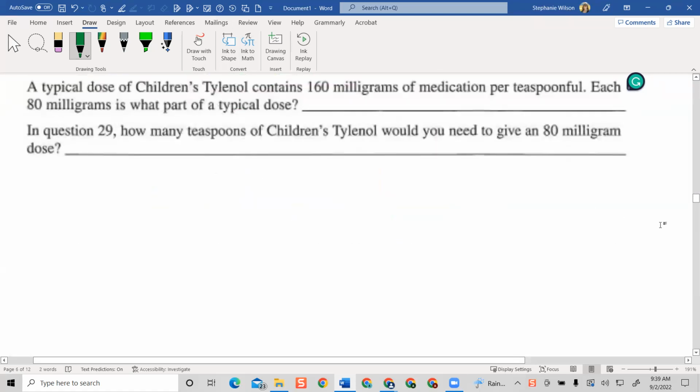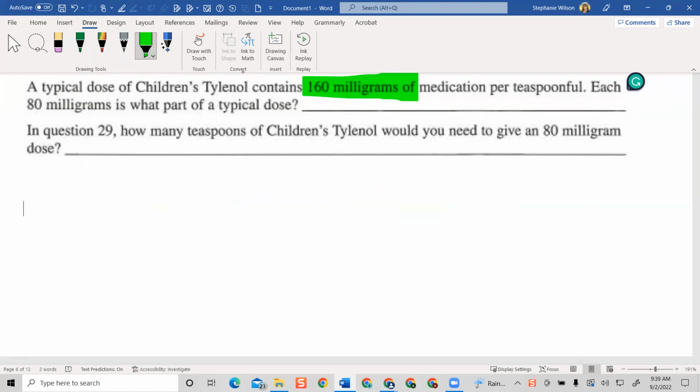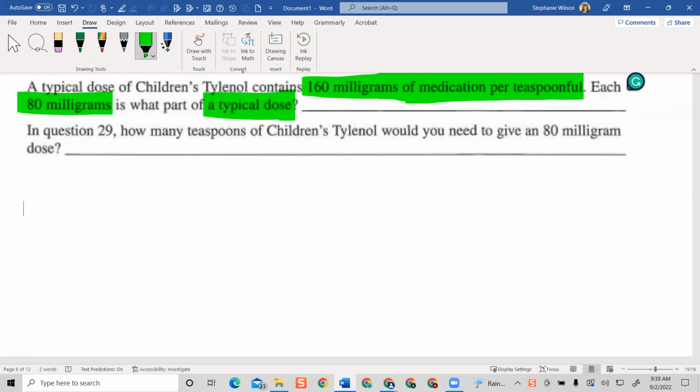All right, the next one. A typical dose of children's Tylenol contains 160 milligrams of medication per teaspoon. All right, and it says each dose is 80 milligrams. What part is a typical dose? All right, so what I'm going to do is take that 80 milligrams, divide it by the 160 milligrams, right?